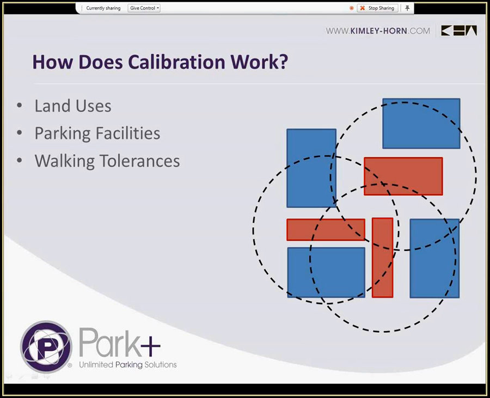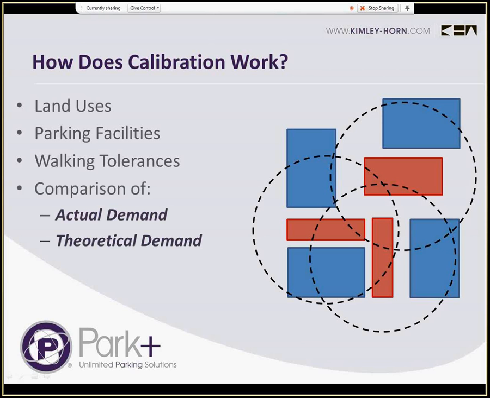And once we've got all of these relationships identified within Park Plus, we do a comparison of actual demand, meaning how many spaces are occupied in the parking facility based on the data associated with those facilities or the counts that were done in the field, versus theoretical demand, meaning how much parking a land use should need based on ULI or ITE or city or county code, however you set your model to be configured.